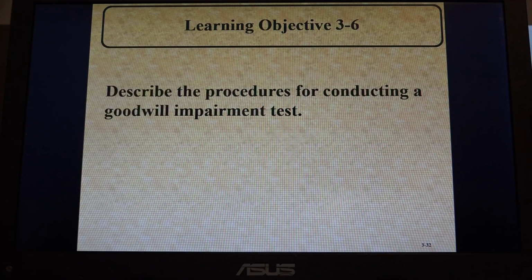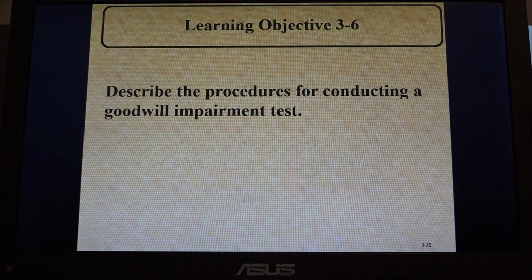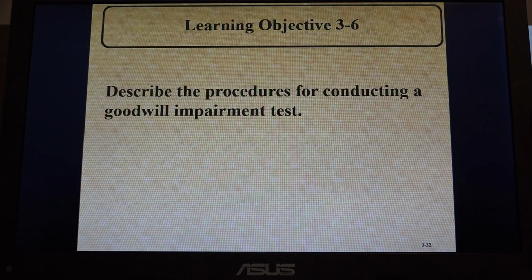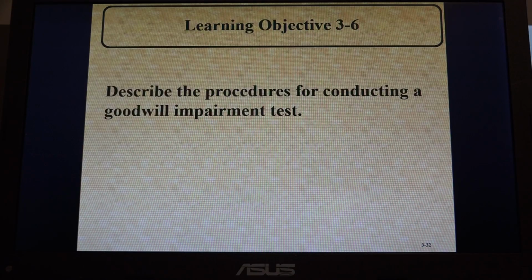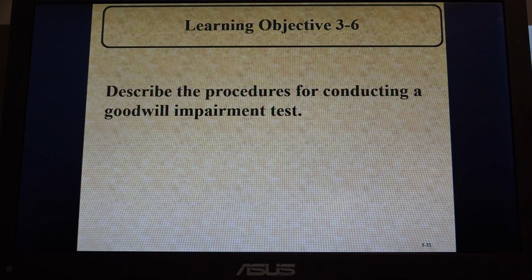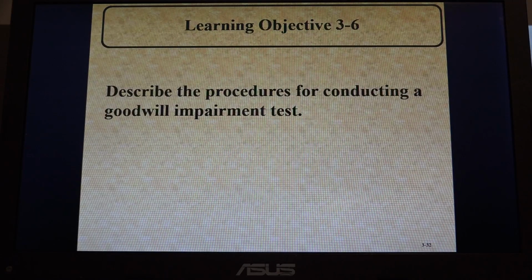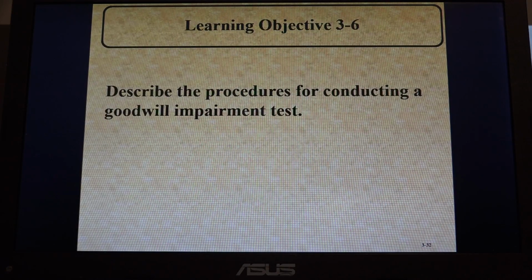So these assets acquired and liabilities assumed, along with goodwill, are assigned to reporting units. And this goodwill test must be done at each reporting unit level for impairment.